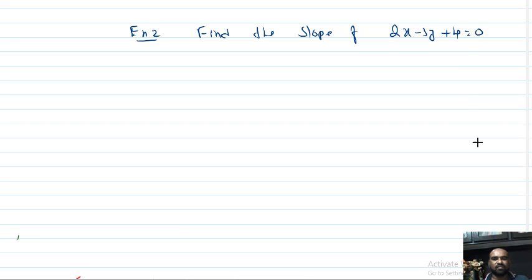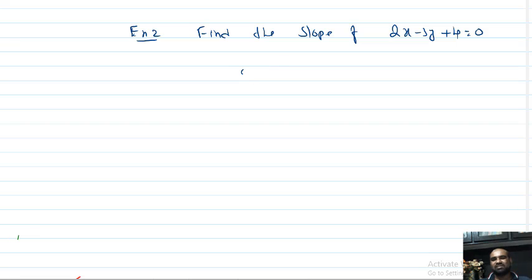Okay, students, listen. Example 2. Find the slope of the line 2x minus 3y plus 4 equal to 0. To find the slope of this line, we need to convert that equation into the form y equal to mx plus c. What is the y coefficient here? 1. So, you want to make y the subject so that its coefficient is 1. From that you can find its y-intercept and slope directly.